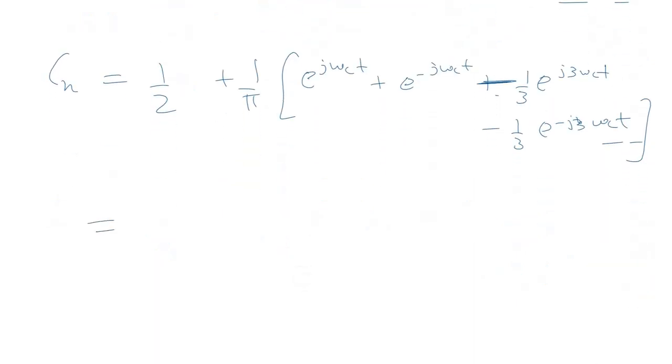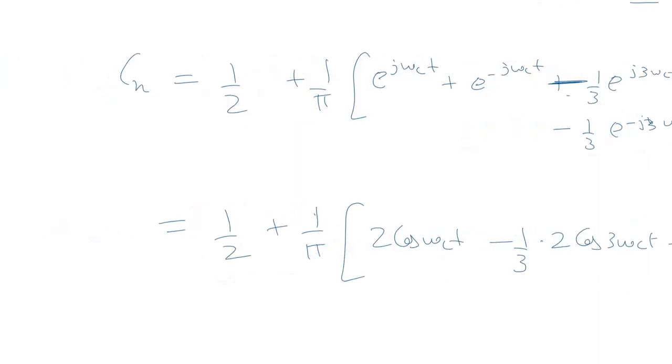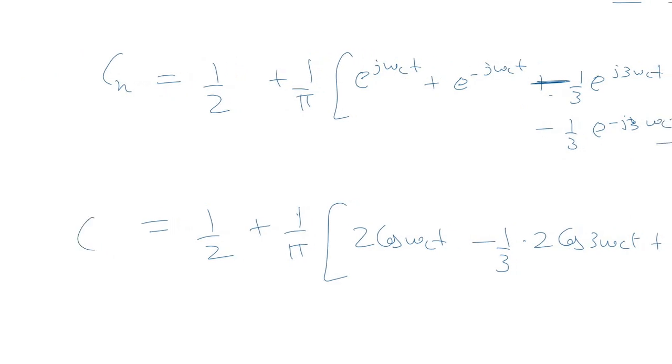Again, applying Euler's identity, we can simplify it as 1 by 2 plus 1 by pi times 2 cos omega ct minus 1 by 3 into 2 cos 3 omega ct, and so on. Okay, this is nothing but your Cn expression.